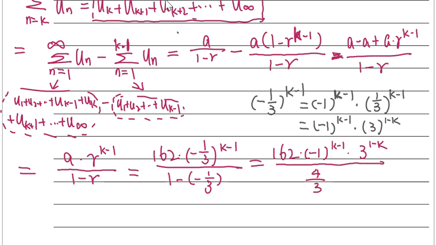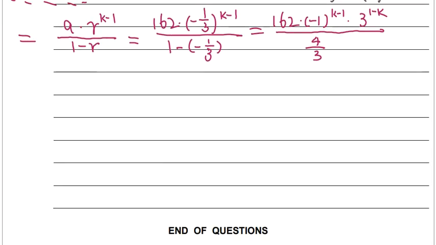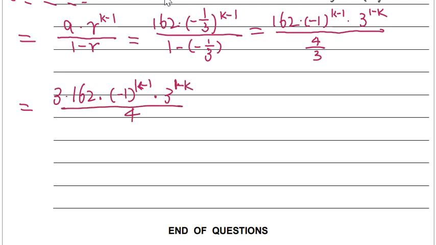And on our denominator, we've got 4 over 3. Let's keep writing. Now on our numerator we've got 3 times 162 times negative 1 to the power of k minus 1 times 3 to the power of 1 minus k, divided by 4. And we know that 162 has a 2 and 4 has a 2.